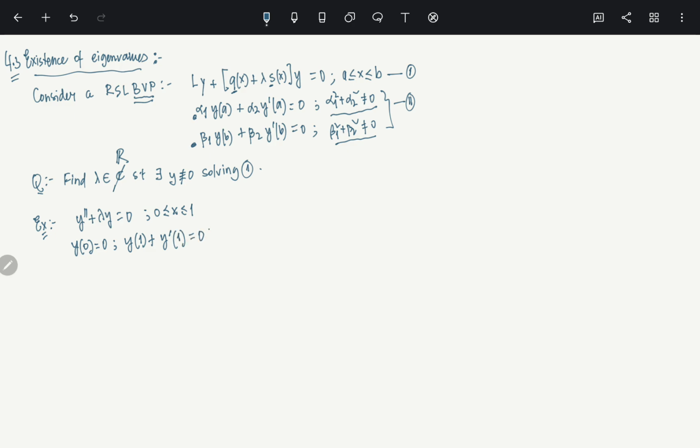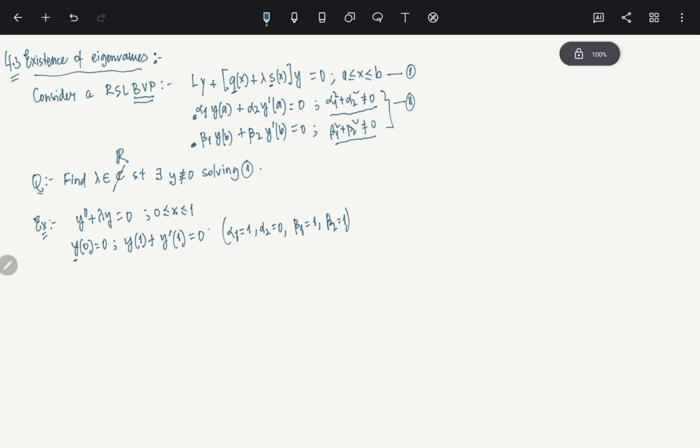This is just some problem which we are considering. Here alpha 1 is 1, alpha 2 is 0, beta 1 is 1, and beta 2 is 1. I hope this is clear. So this is a regular Sturm Liouville boundary value problem, no issues.